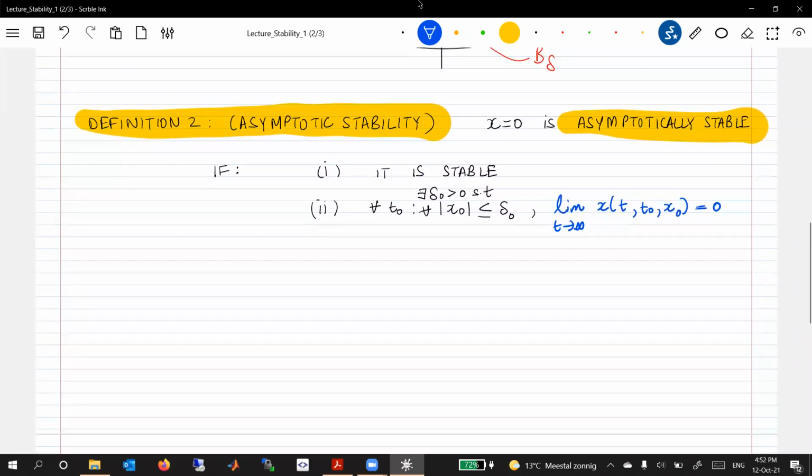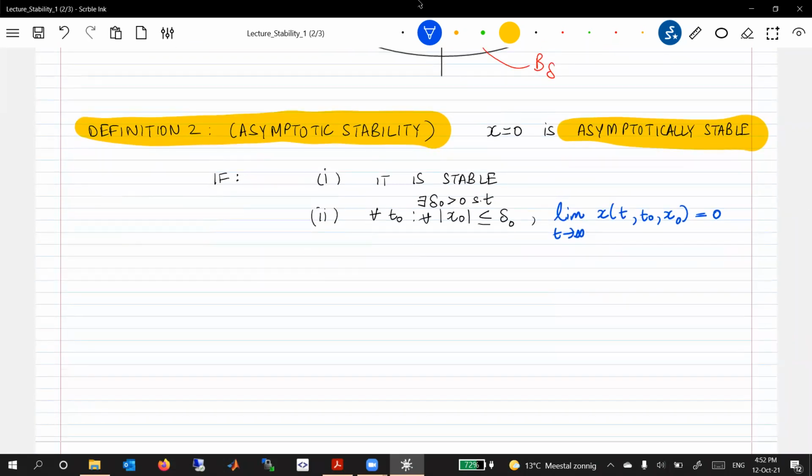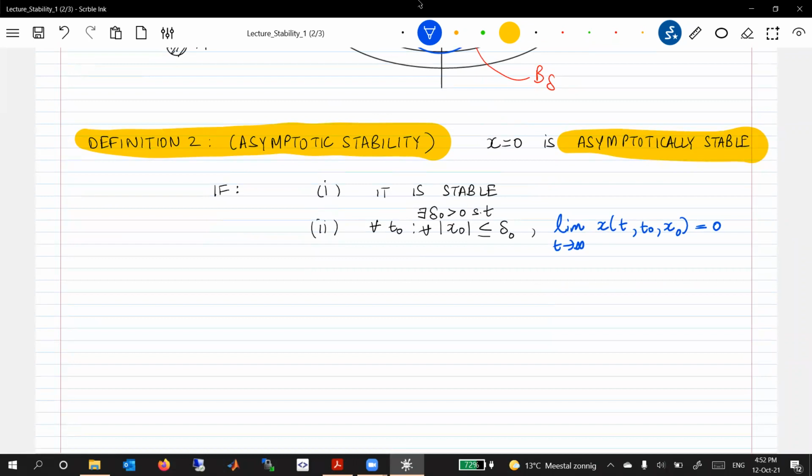So not only do we want stability, but we also want the solutions to be decaying towards the fixed point.